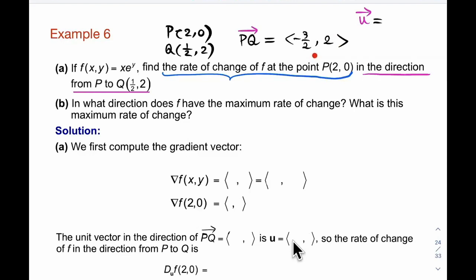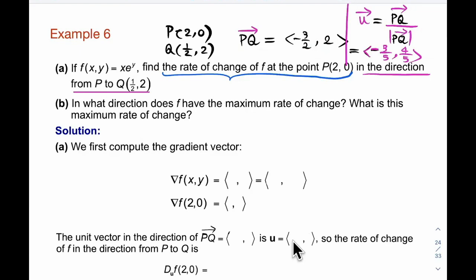Trust me on the computation: it turns out to be (negative 3/5, 4/5). So this is a unit vector in the direction of P to Q. All right, that's good.